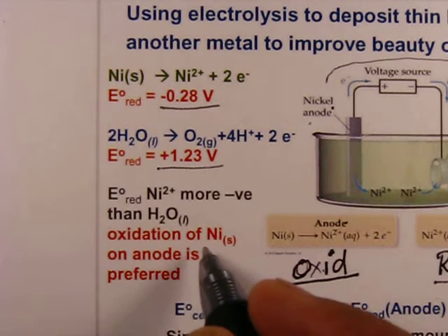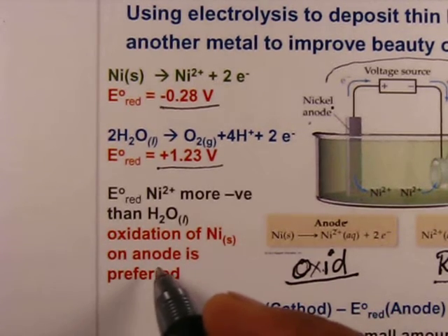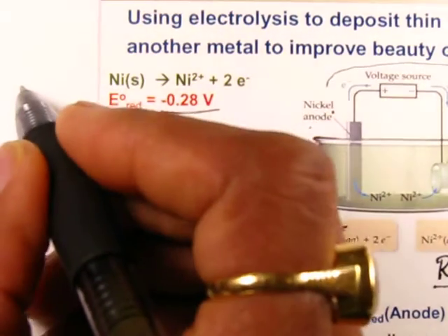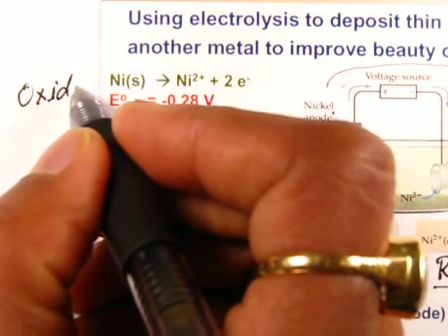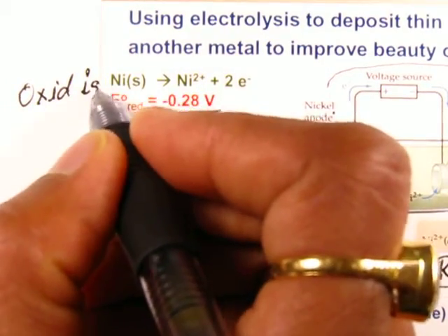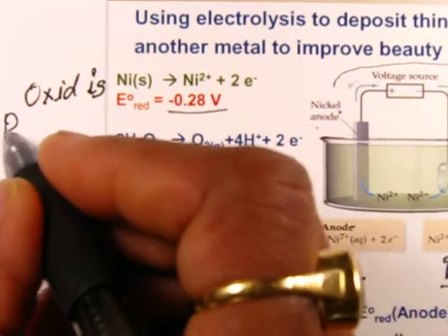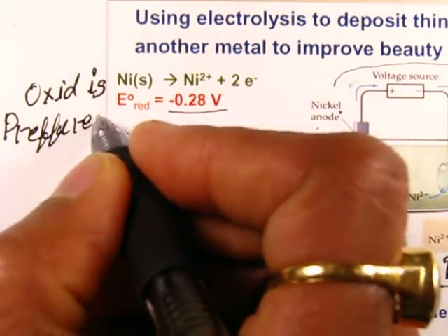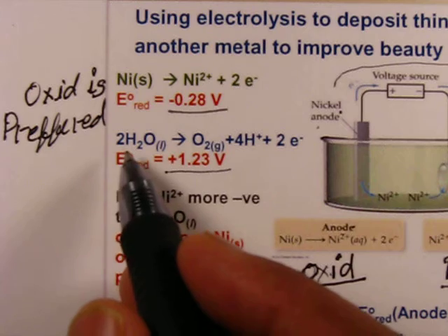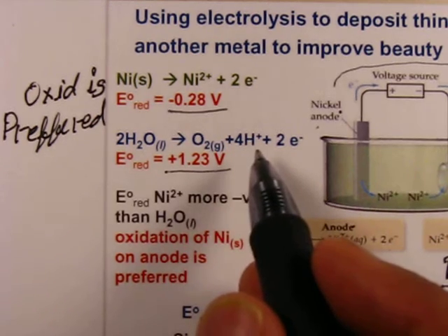Therefore, oxidation of nickel is preferred on the anode. So this reaction is preferred, oxidation of nickel rather than water oxidation.